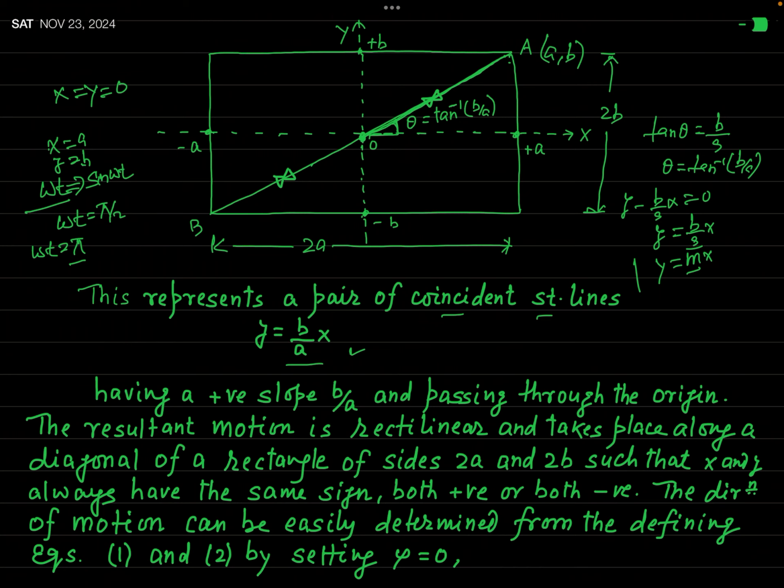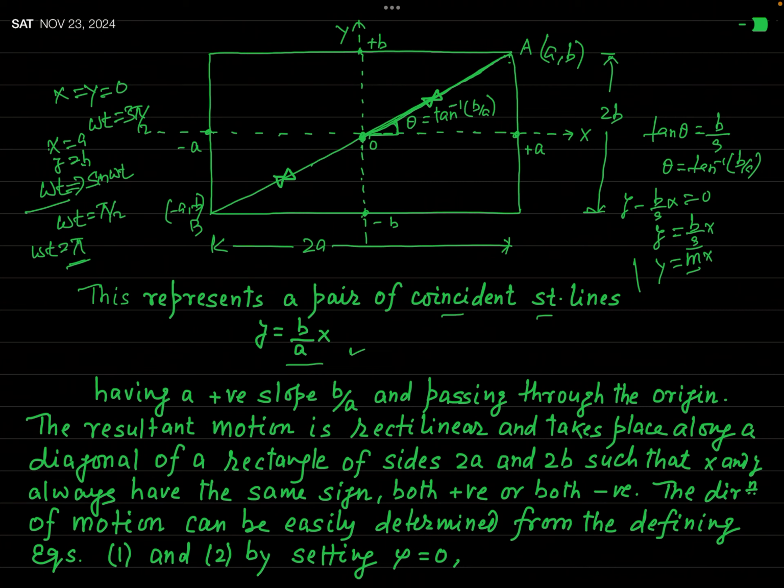And after that, if omega t is greater than pi, then the value of sine omega t will be negative, and therefore both x and y will be negative. And when omega t becomes 3 pi by 2, then sine omega t will be equal to -1, and the particle will reach this point B, whose coordinates are -a, -b.